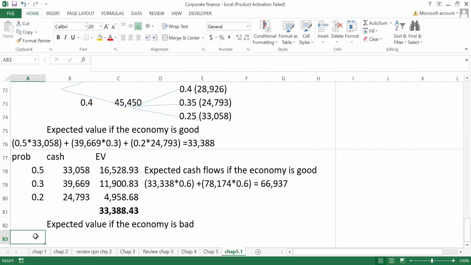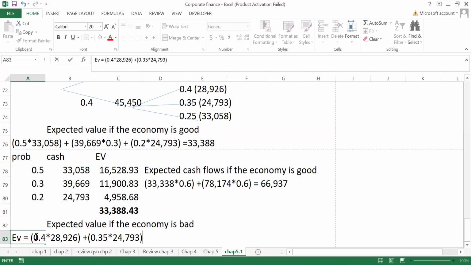So now it will be our expected value in the second year: 0.4 times 226, plus 0.35 times 24,793.